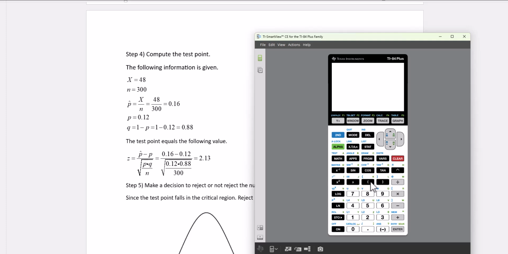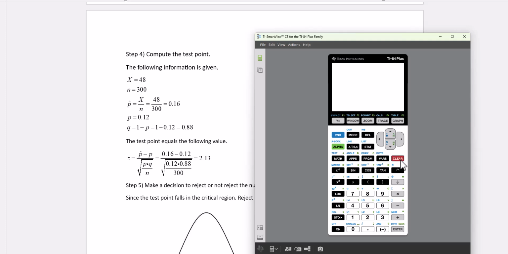Let's type it in. I like to use parentheses. We have 0.16 minus 0.12 divided by the square root of 0.12 times 0.88 divided by 300, and that gives us 2.13.